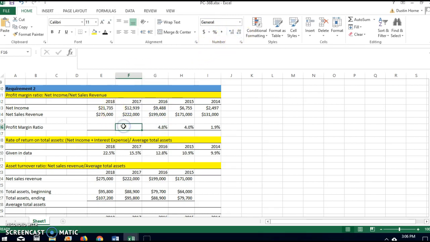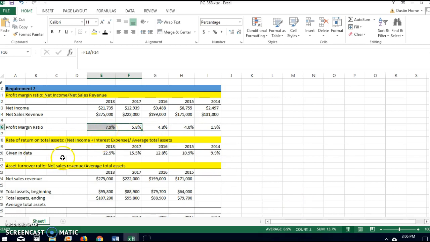Let's see, 4.8%, and then we'll just do these. Make sure you put your equal sign if you're wanting to do the Excel formula. So let's just format these together and make it a little bit quicker. Okay, so as we can see, it's increasing over time here.